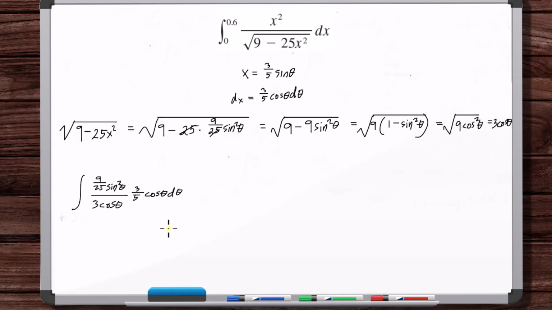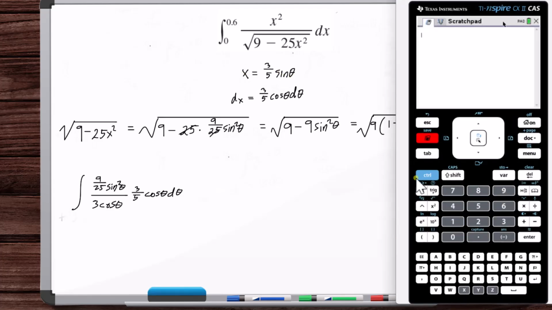All right, now let's update the limits of integration. I would recommend doing this, it makes it a lot easier. It's a little different with the trig substitution, since we're doing the substitution rule in reverse. Here x is equal to 0, and now we need to solve for theta. So inverse sine of 0 is 0.